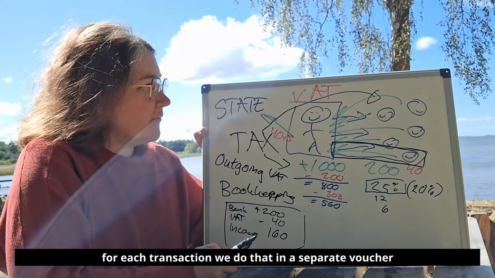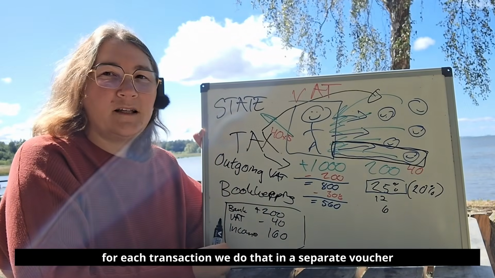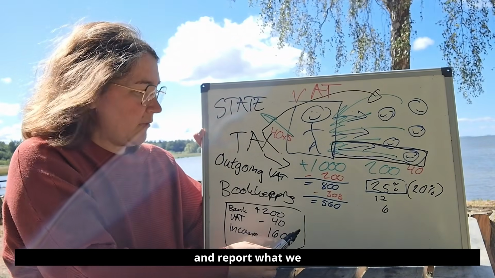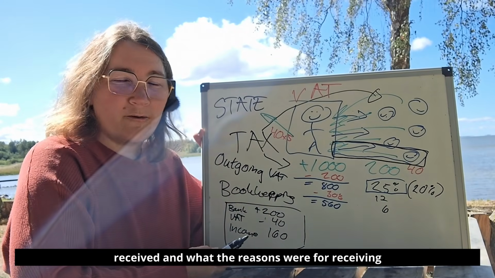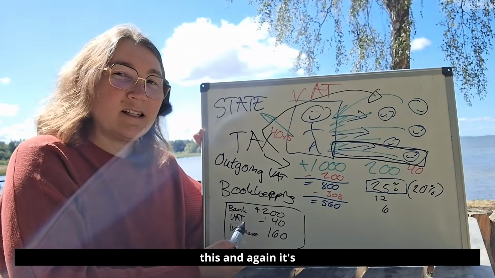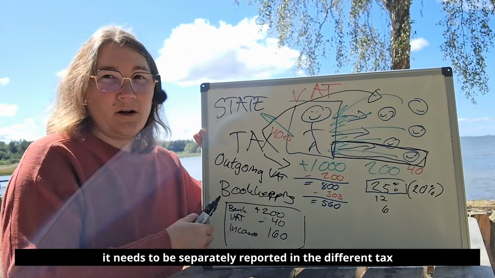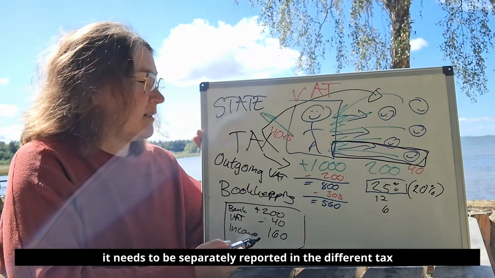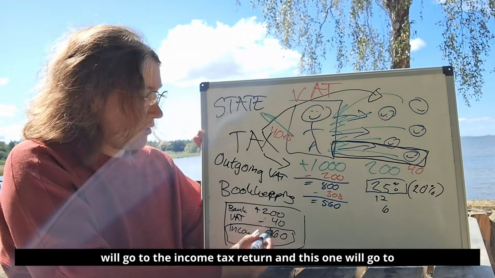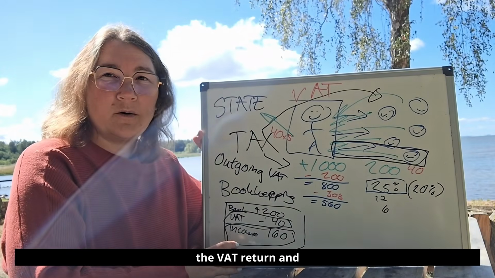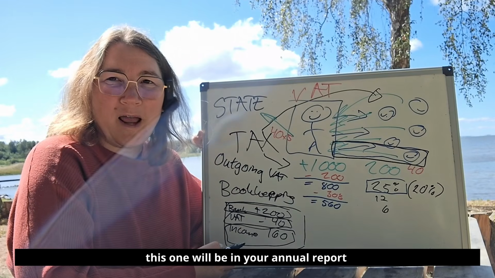So for each transaction, we do that in a separate voucher and report what we received and what the reasons were for receiving this. And again, it's really important that you separate all these things in the bookkeeping, because it needs to be separately reported in the different tax returns. So this one will go to the income tax return, and this one will go to the VAT return, and this one will be in your annual report.